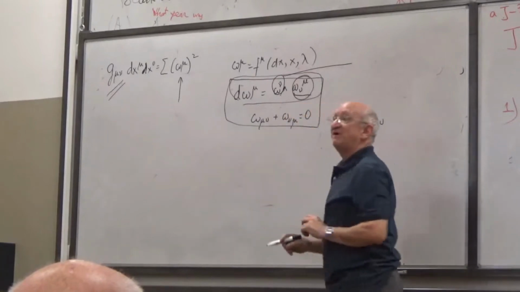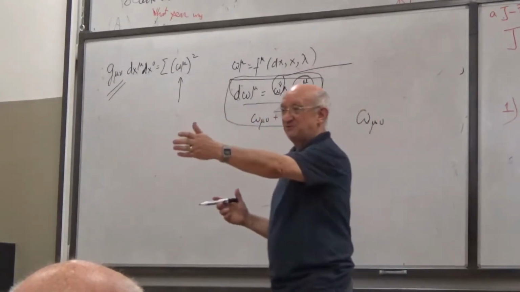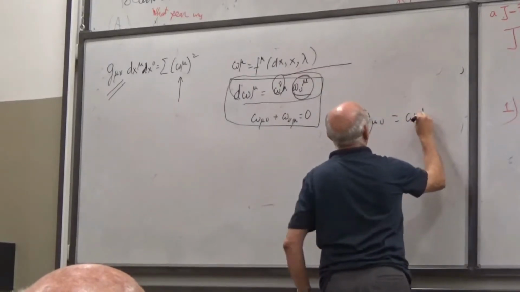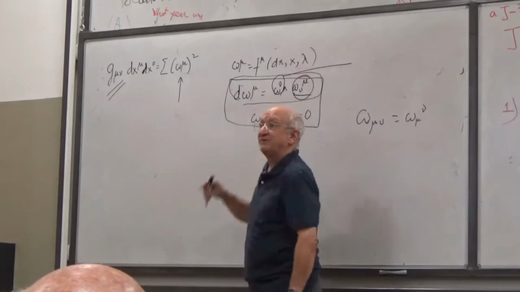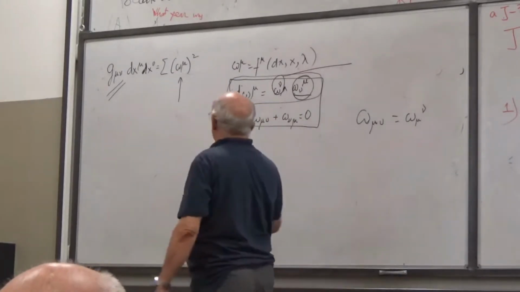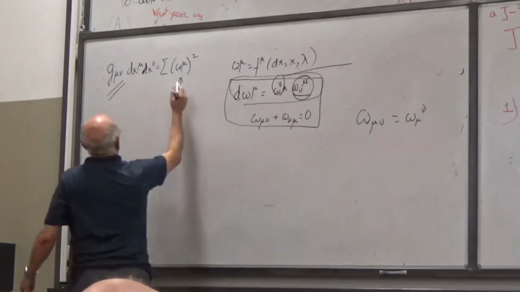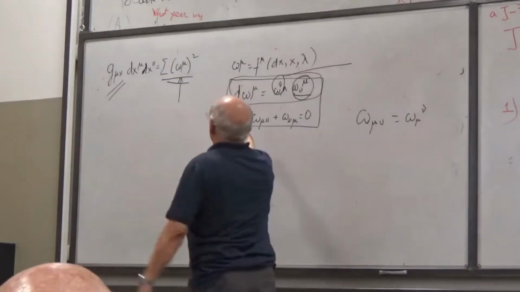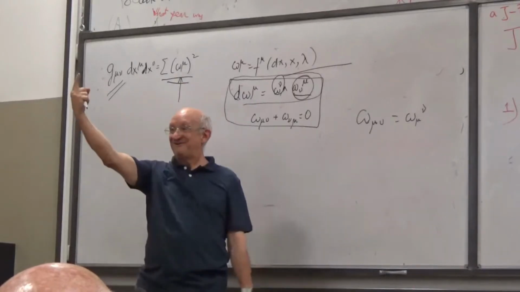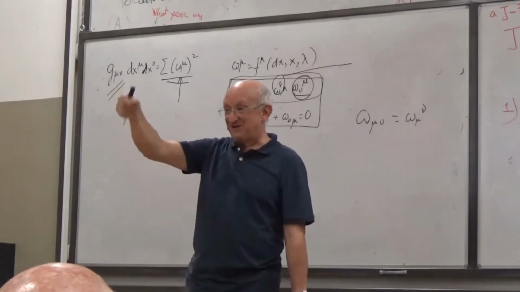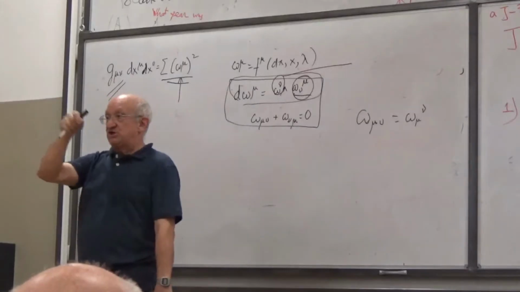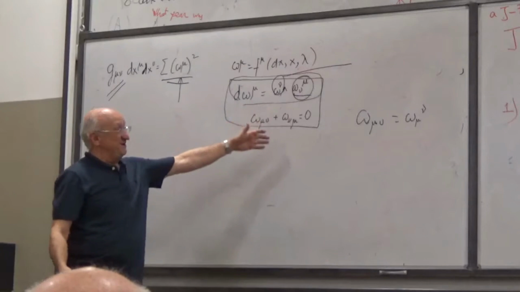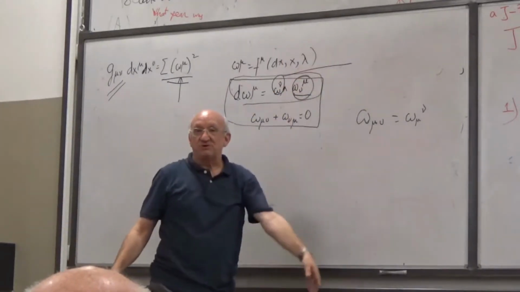No. Omega mu equals omega mu because the metric is trivial. The coefficients of the mu's are 0, and the coefficients of the mu's are 1. So the metric is 1, 0, 0, 0, 0, 0, 1, 0, 0, and with that metric we lower indices with total freedom.